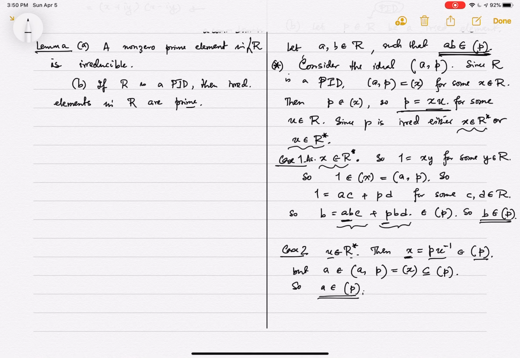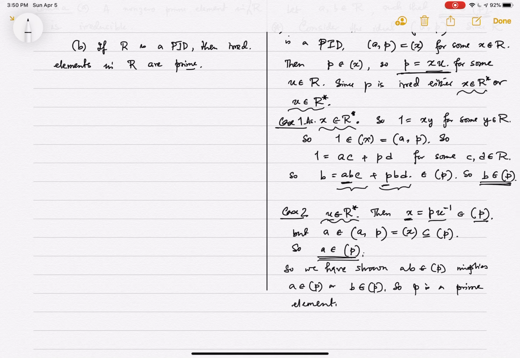If X is a unit, then B is in parenthesis P. And if U is a unit, then A was in parenthesis P. So we have shown that AB in P implies A in P or B in P. So P is a prime element.